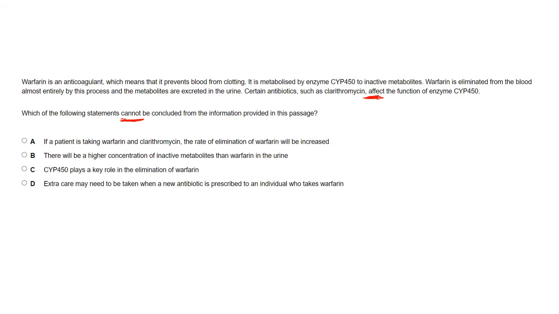So we can't assume that clarithromycin decreases the activity of cytochrome P450 and therefore decreases the rate of formation of these metabolites and therefore decreases the rate at which they're eliminated. We can't assume that because it's possible that it would have increased it. So that one we can't conclude. So that appears to be the right answer straight away.